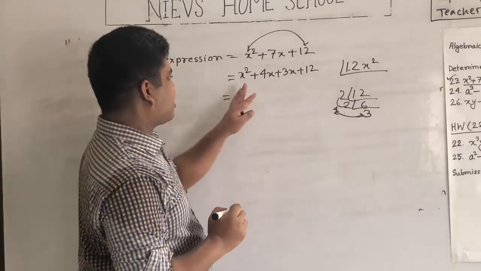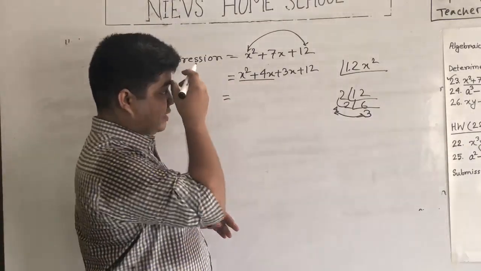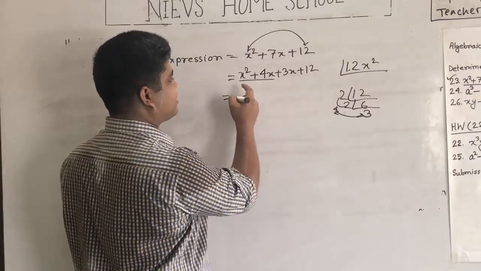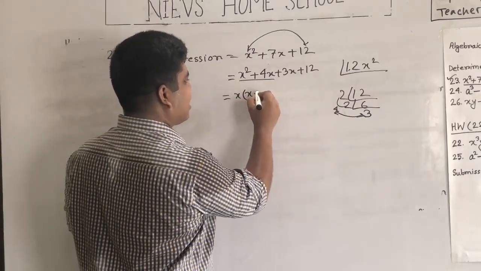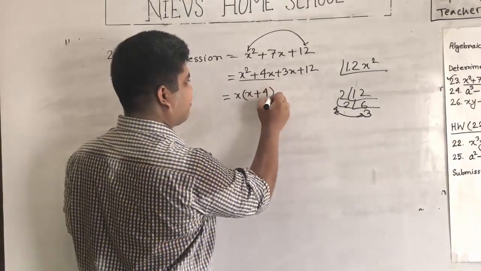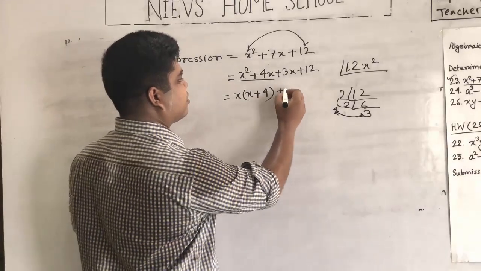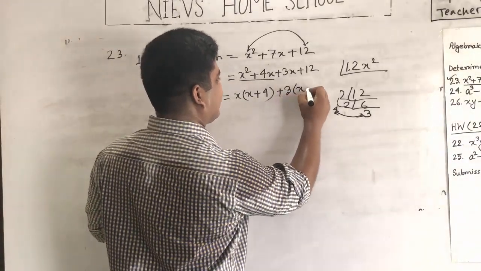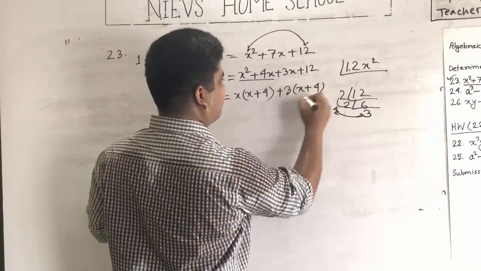Then we check which factor is common in the first two terms. That means x square plus 4x. We notice here x is common, so x is left and here 4 is left. From the next two terms we notice 3 is common, so 3 common and x plus, we divide 12 by 3 and we get 4.